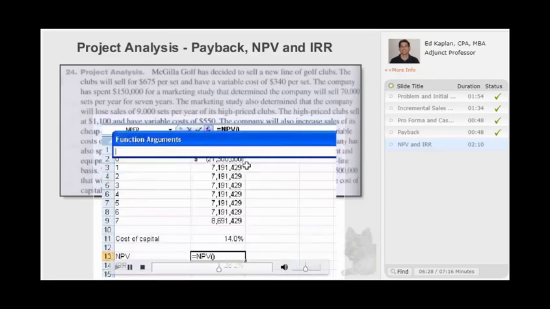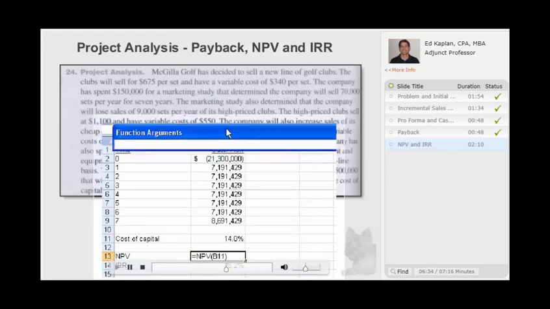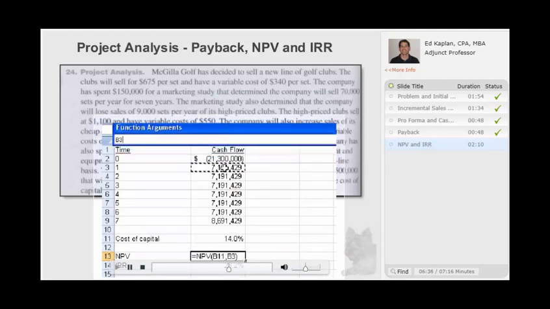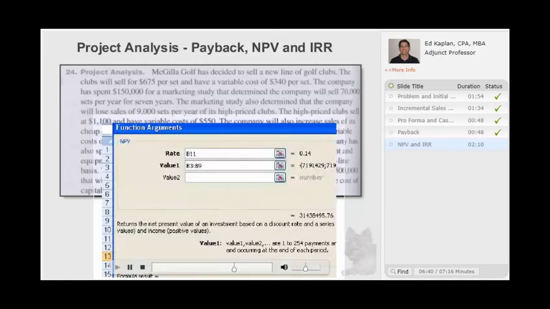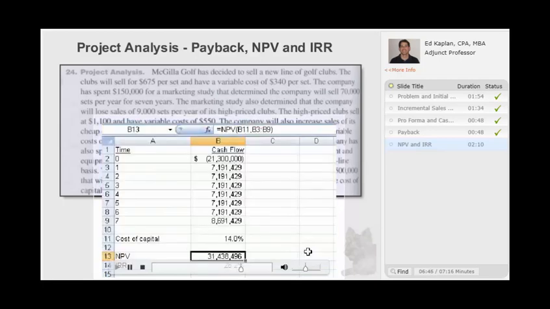Okay, the rate is the 14% given there, and then the values we need to start, let me move this out of the way, start at the end of the first period and go to the end. But then once we bring that down, we're not quite done with our function, so I'll hit OK, but we also need to hit F2 and add in the initial cash outlay. And when we do that, we get the $10,138,000 in spare change.